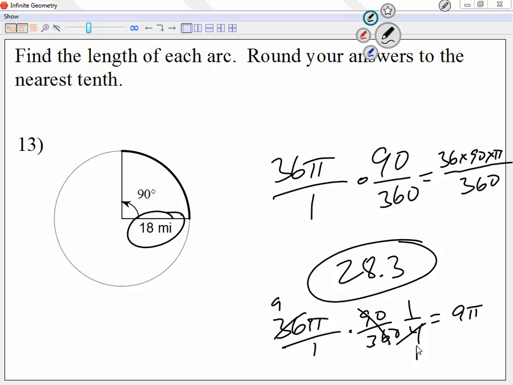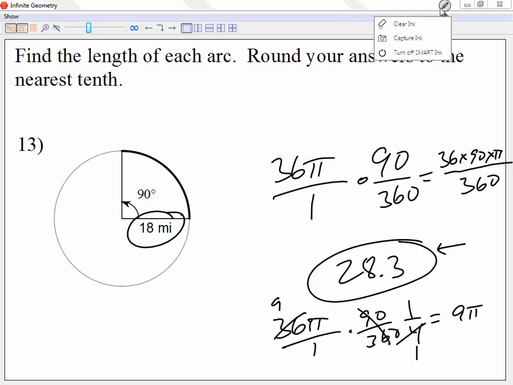If you want to simplify, that's fine, but just make sure your answer comes in a decimal number, in this case 28.3. If you don't want to simplify, for the back side, don't simplify because it becomes a decimal. Does that make sense? Yes.